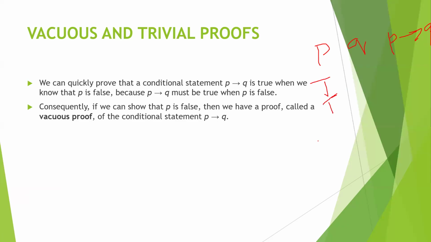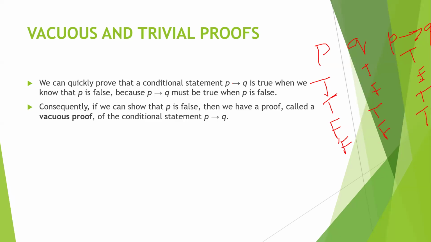True and false gives false. False and true gives true. False and false gives true. So this is the truth table.